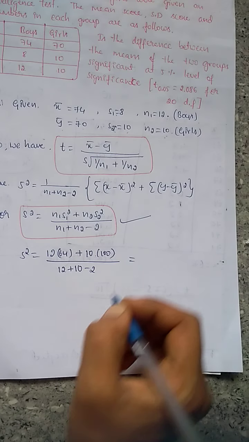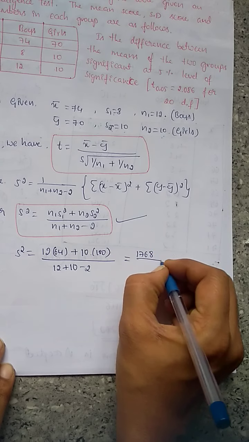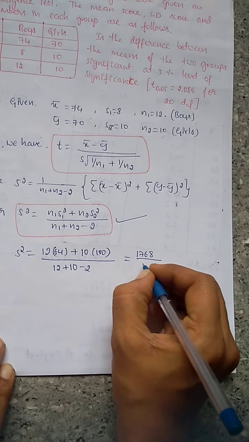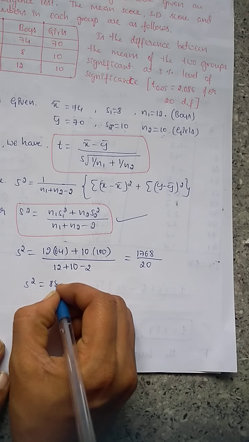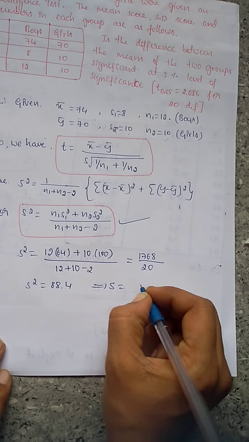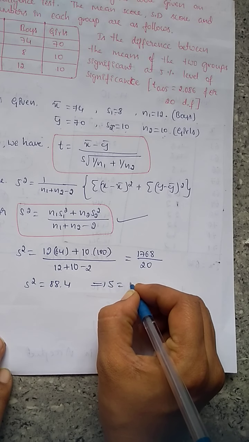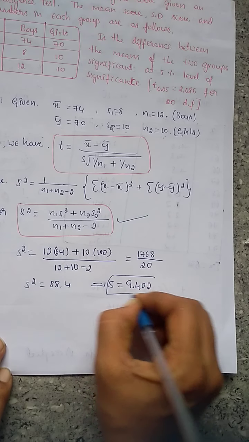Simplify this. After simplifying, we get 1768 divided by 22 minus 2, that is 20. We get s square value as 88.4. This implies s is root of 88.4. We get 9.402. This is the s value.